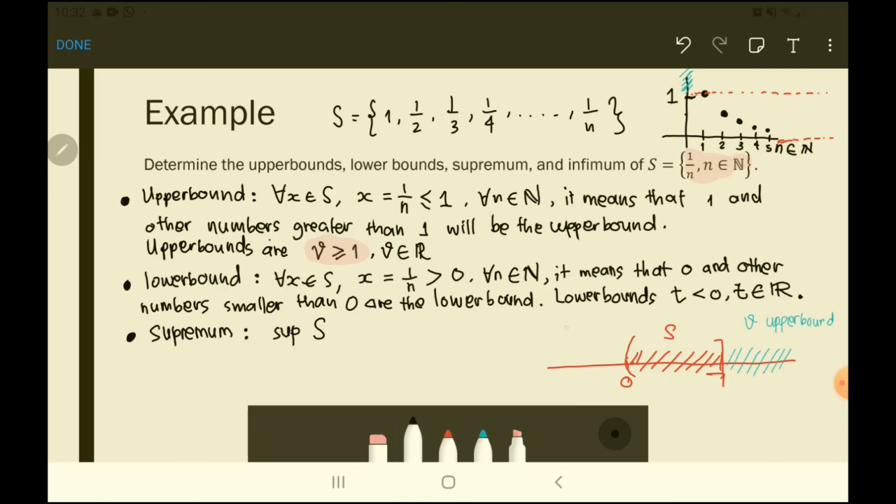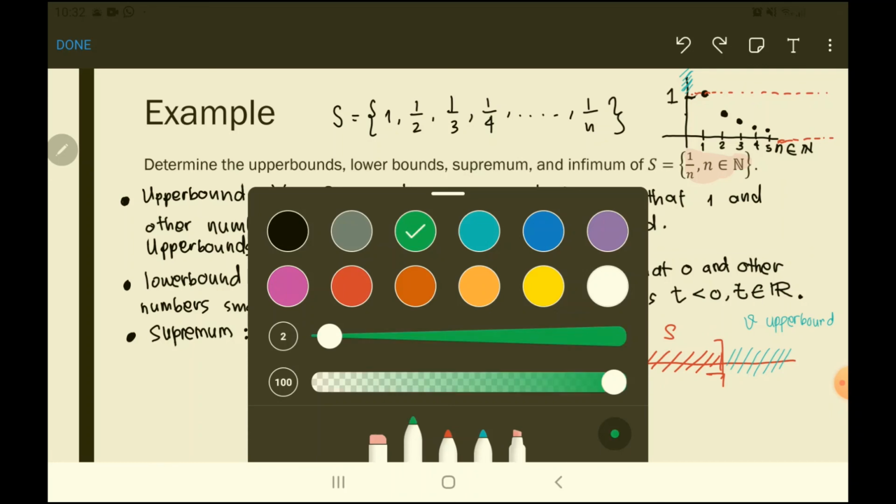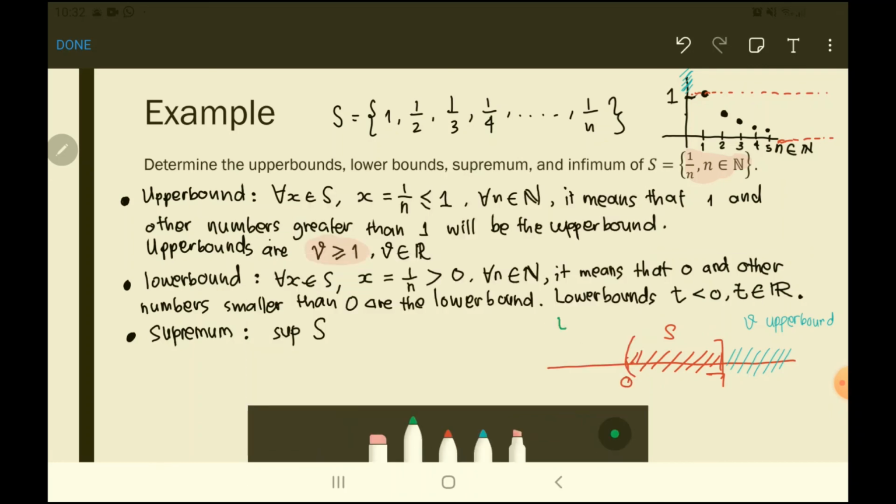And the value there, t, I'm going to use a different color, maybe green, is the lower bound. To get the supremum in this case, we need to find the least upper bound. Among the blue ones, the least is this one. This is the supremum of S.